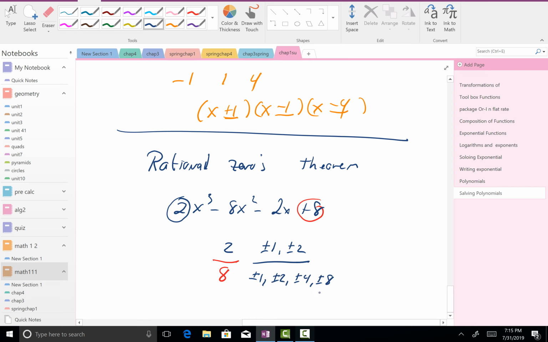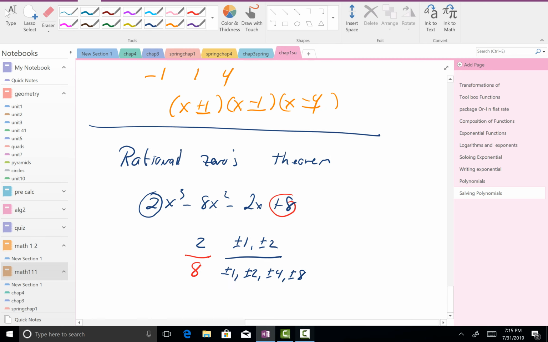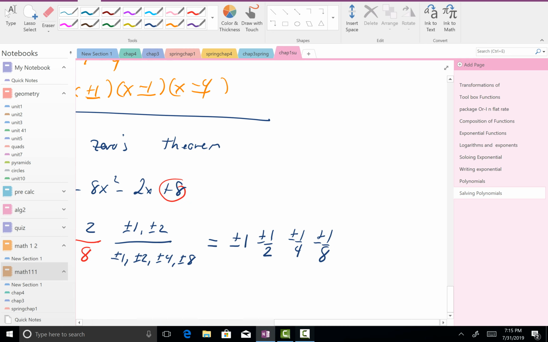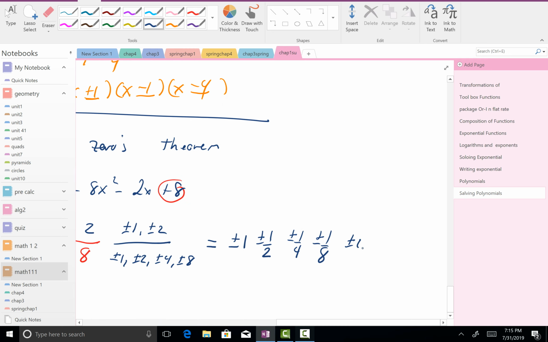Those are all the numbers that go into those. All right? 1 over 1, plus or minus 1 over 2, plus or minus 1 over 4, plus or minus 1 over 8, plus or minus 2, plus or minus, I already have a half, and I already have a fourth, so I don't have to worry about the rest of those.